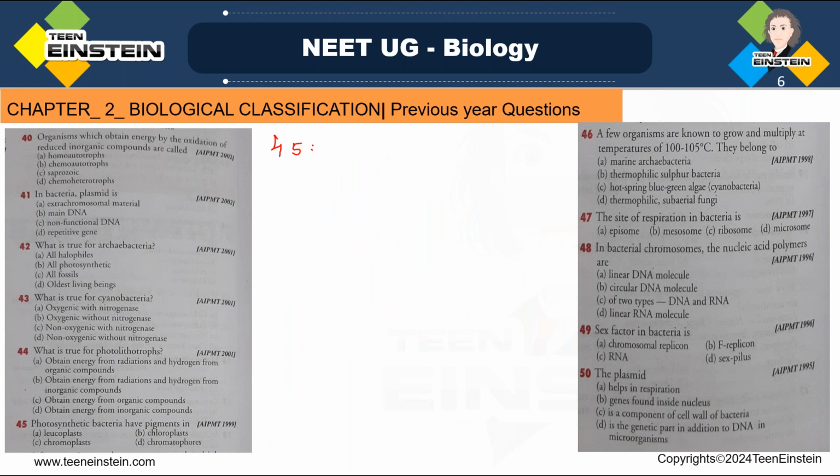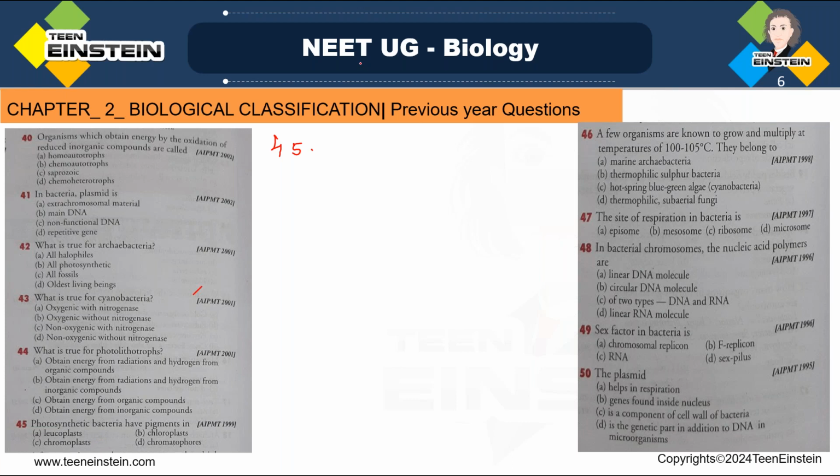In question number 45, photosynthetic bacteria have pigments in: option A leucoplast, option B chloroplast, option C chromoplast, option D chromatophores. Right? These are the options.